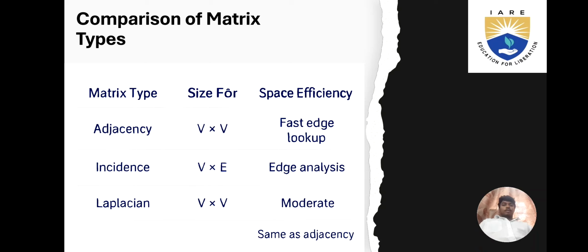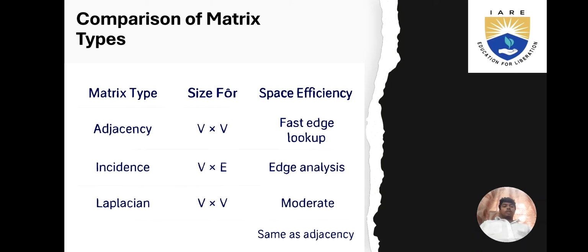The Laplacian matrix has dimensions of V cross V. It is ideal for analytic modeling, and it is moderate in space efficiency. It is key in clustering and eigenvalue analysis. The next is circuit or cut set matrices. Their dimensions are variable. They are ideal for specialized analysis and have high space efficiency.